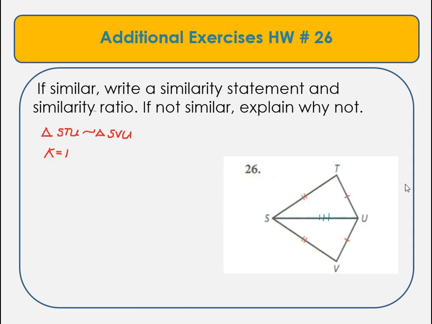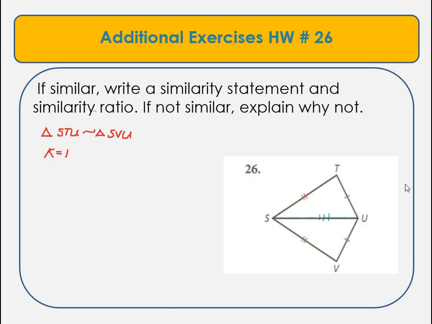So it says write a similarity statement. So triangle STU, I'm going with the side that has 2 hash marks, 1 hash mark, 3. So STU is congruent to SVU, 2, 1, and 3.